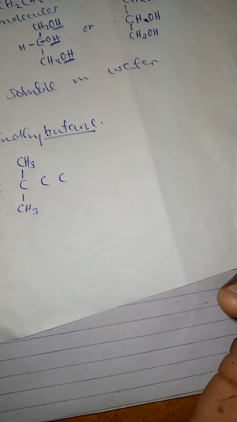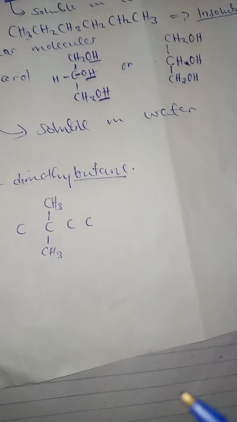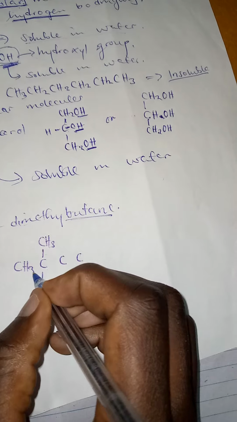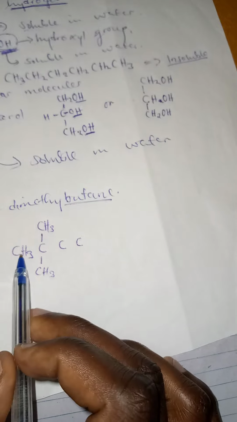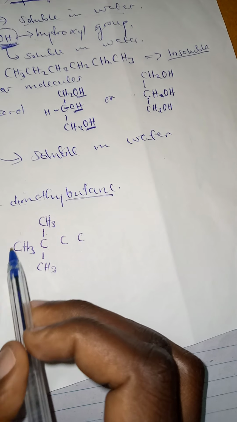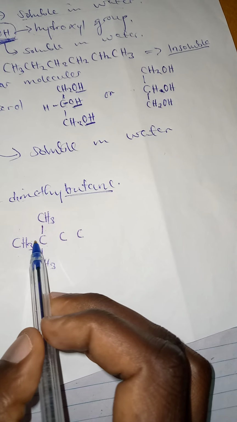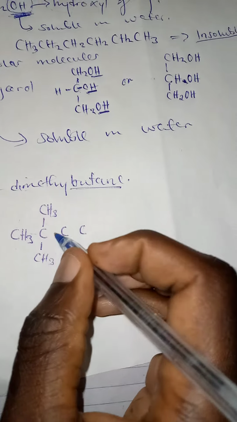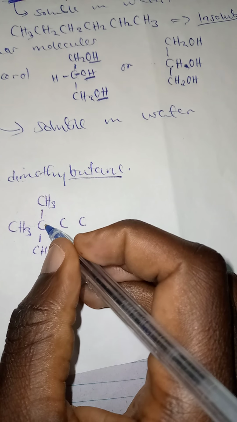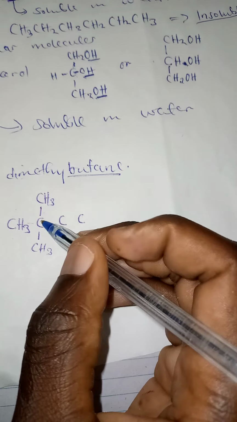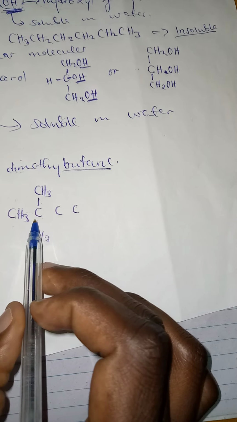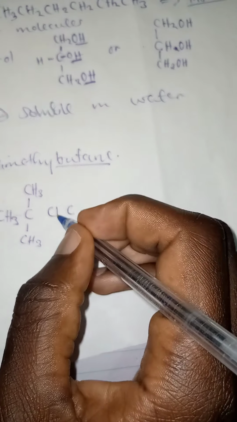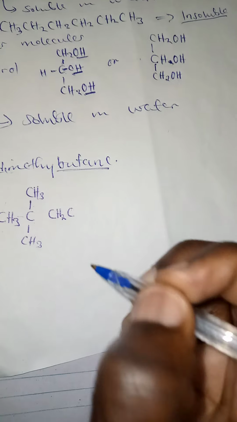For the remaining carbon, we know carbon likes to form 4 bonds. So we'll put 3 here, because if I distribute this, I'll have 1 here, 1, 1, which is 3, because the other one is coming from the other carbon. Then this carbon is stable now because it has 4 bonds. Then this one, I have to put 2 here.